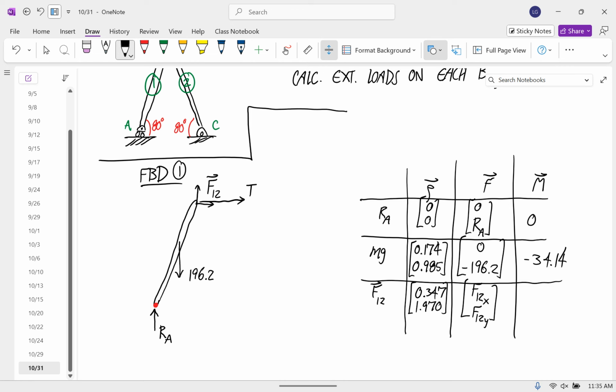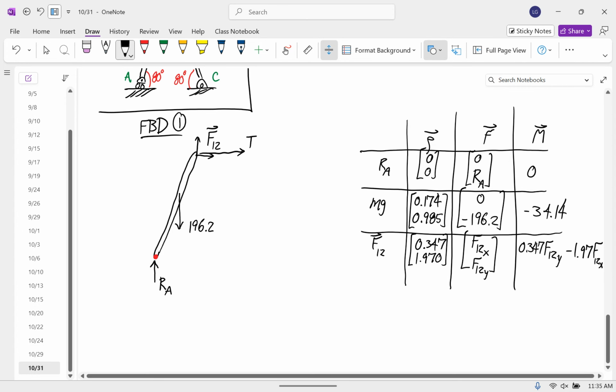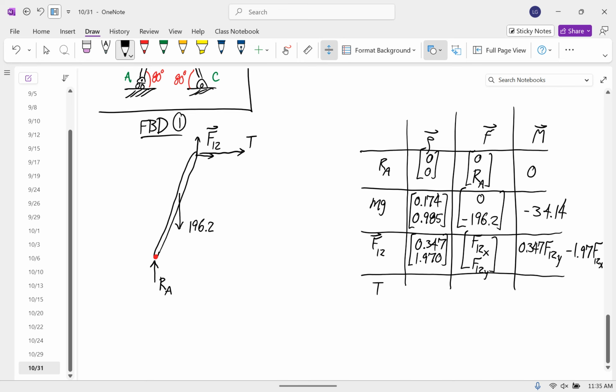Cross product is 0.347 F12y minus 1.97 F12x. And then the last thing is the cable force T. That's the same row vector, same location as F12, so 0.347, 1.97. The force is T, 0, so the cross product is negative 1.97 T.